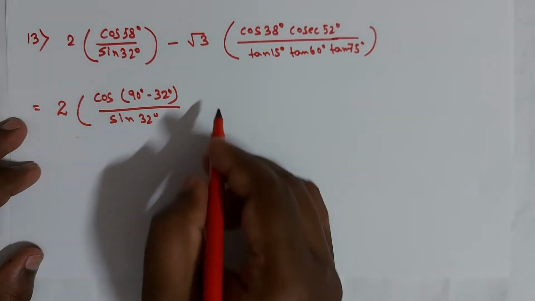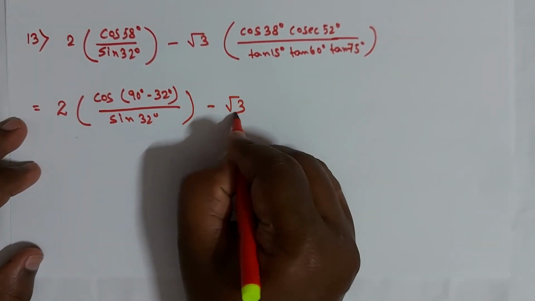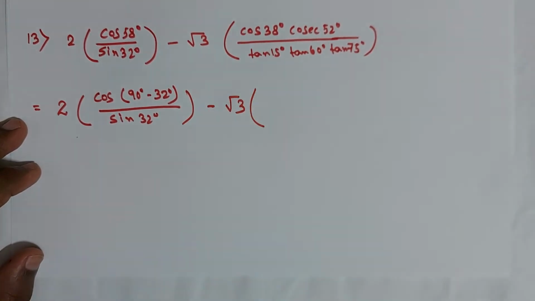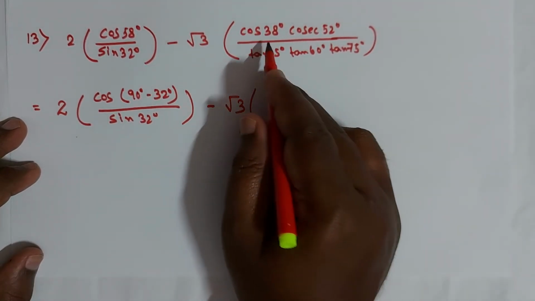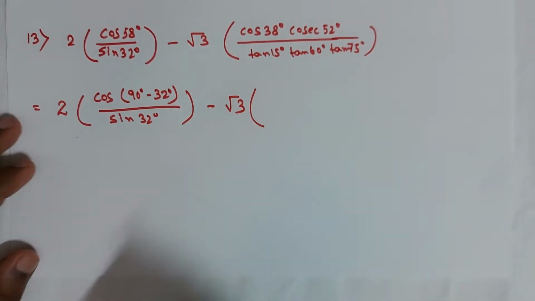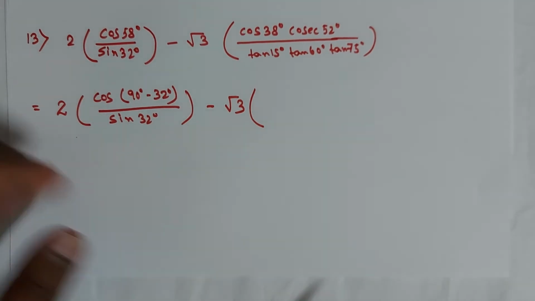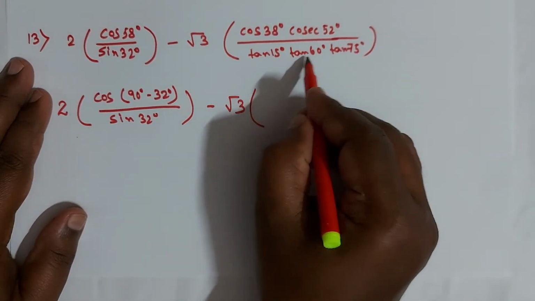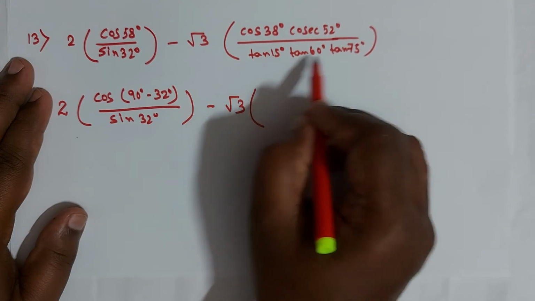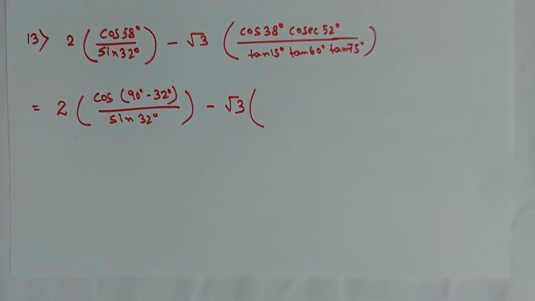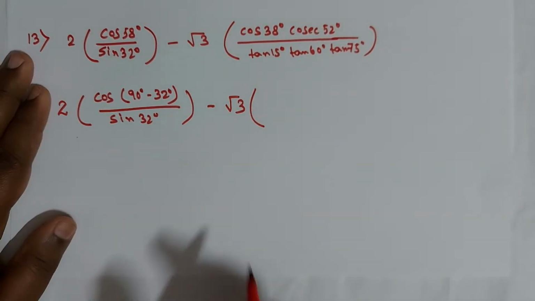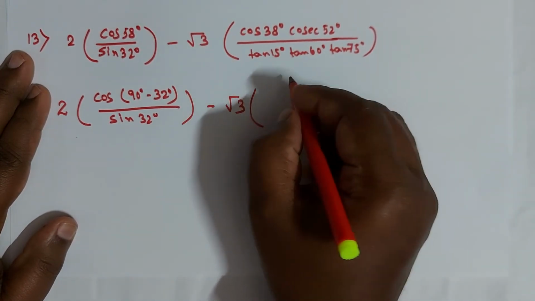Okay, minus root 3 into cos 38 cosec 52. Here tan 60 value we know, tan 15 and tan 75 we need to convert like the previous math, and this will be converted. So do it one by one.